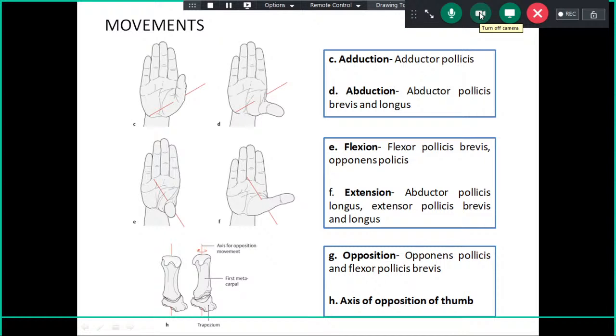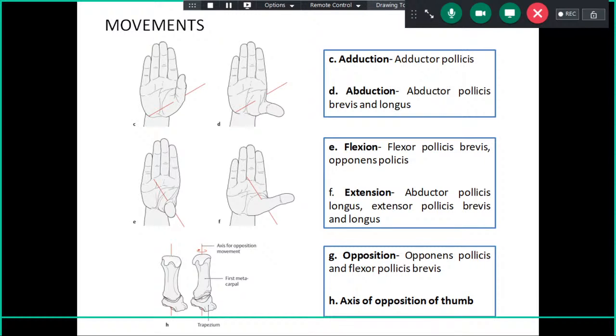Now, would you say that this is a little of flexion? Sorry, not flexion. This is the opposition movement. I'll show in the image also. This is opposition. Okay.